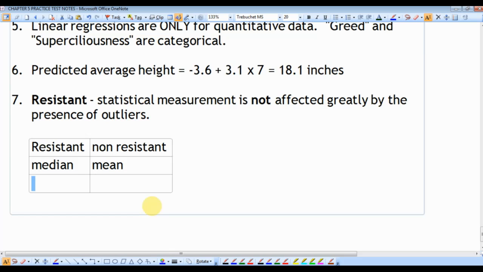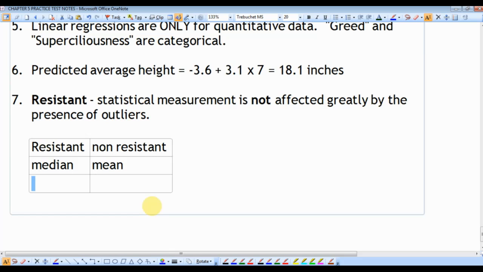It would change the median minimally, but it would change the mean drastically. So the median is resistant, the mean is not resistant. The mode is resistant, yeah, because it won't change the value. Exactly.